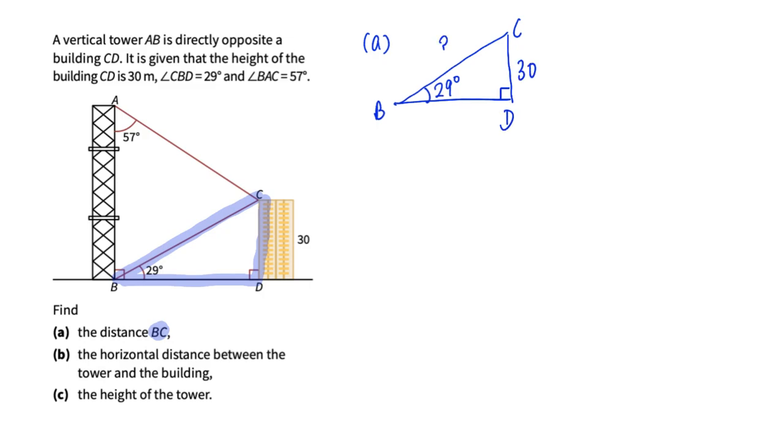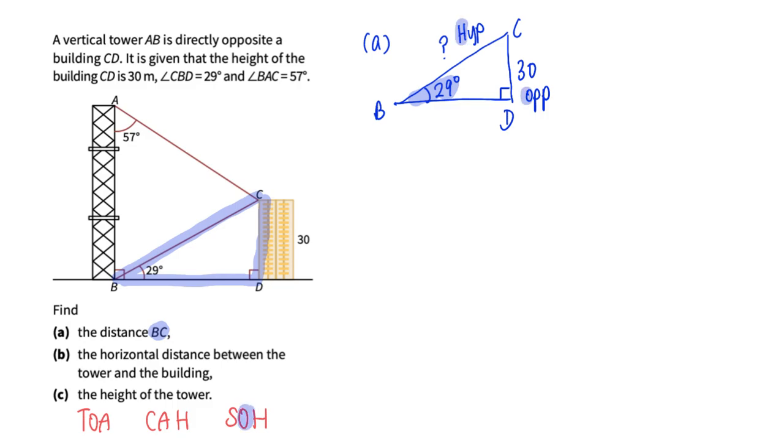To find BC, we will then have to tap on our knowledge for TOA CAH SOH, yes? So I'm going to write TOA CAH SOH somewhere here for easy reference. Step 1 is to identify the sides with respect to the angle that we are going to use, in this case 29 degrees. This will be my hypotenuse and this will be my opposite side.